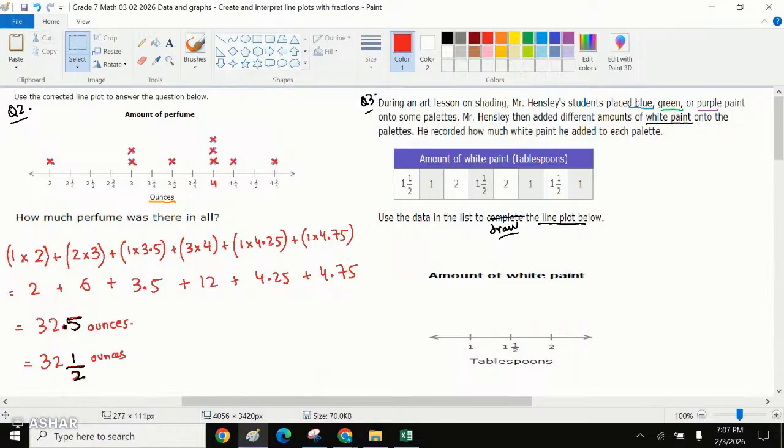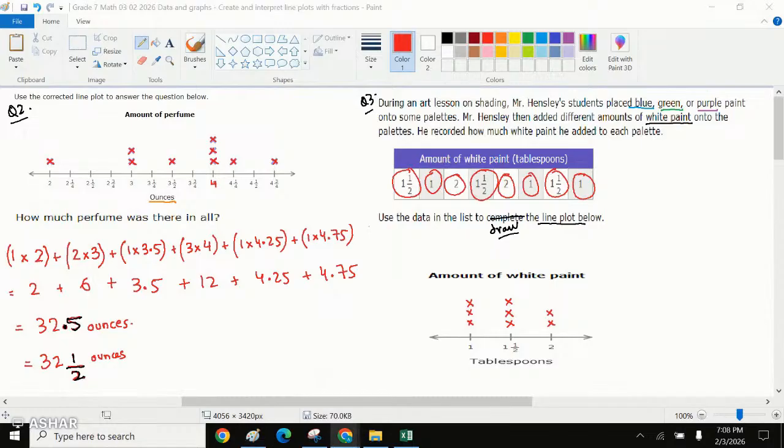So 1.5, there was one palette; for 1, one palette; for 2 tablespoons, one palette; 1.5, another palette; then 1, another palette; then 1.5, now a total of 3 palettes, and 1, another palette. So this is our answer. Using the information in the table, we drew the line plot. The number of repetitions we show by a cross on the line plot.